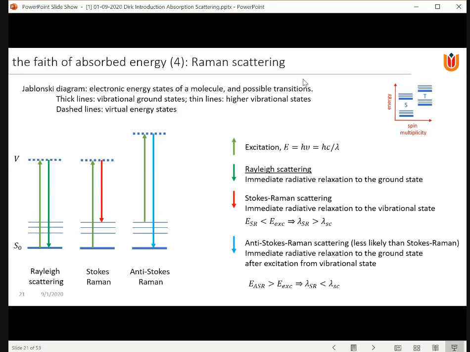One quick question: it says in the slide that this anti-Stokes process is less likely than the Stokes-Raman. Can you imagine why this would be less likely?